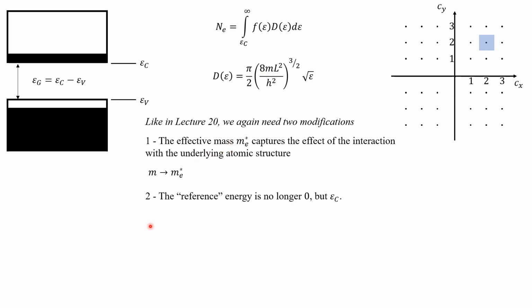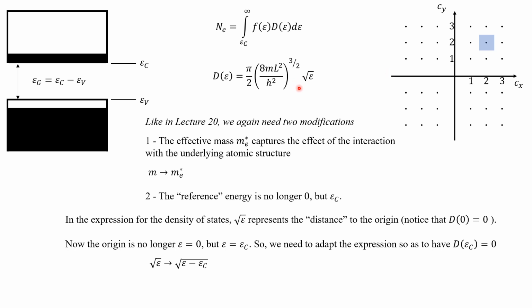And the other modification is that our reference energy is no longer zero, but epsilon c. So the way we derive this expression, we consider that the origin represented an orbital with energy zero. But now we need the origin to represent an orbital with energy epsilon c.